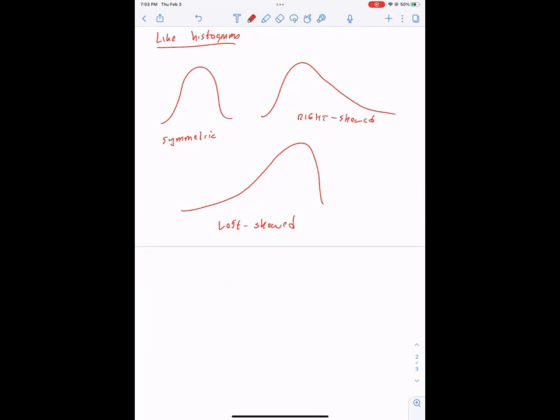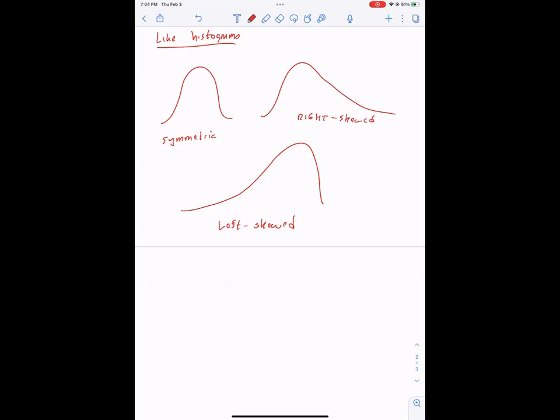For a right skewed, that means very high chance of getting results from a sample of small numbers and very low chance of getting high numbers, whereas left skewed is very high chance of high numbers and very low chance of low numbers. So can anyone think of anything that might be modeled by one of those?